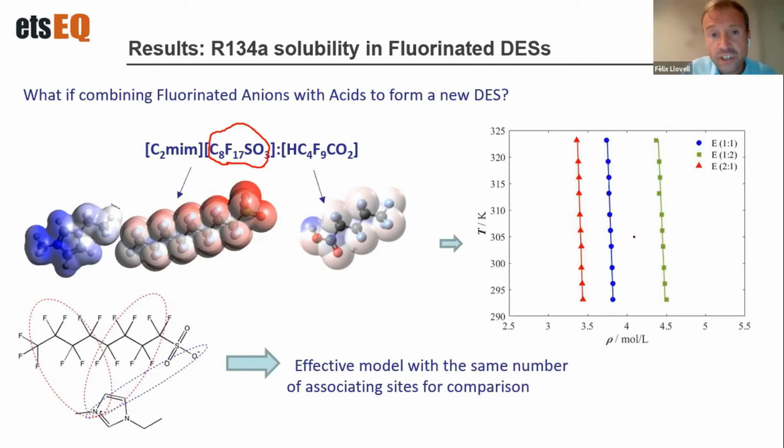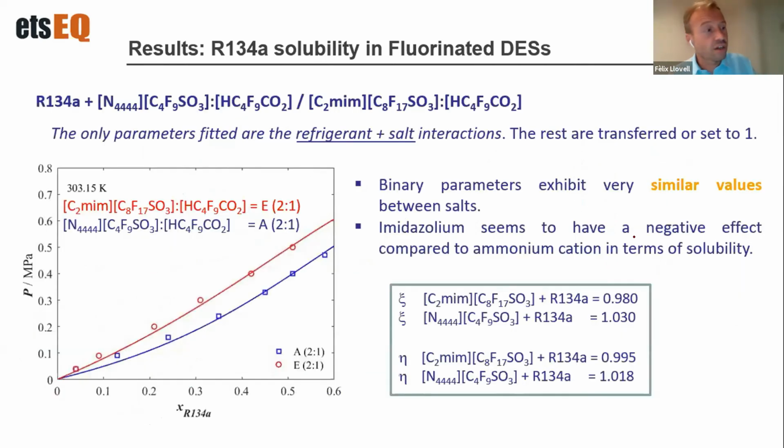And then moving towards the comparison, we can see that our new deep eutectic solvent is slightly worse than our previous deep eutectic solvent. Let's call them A and E to make things easier. The most important thing is that the differences are not very big, so maybe both of them can be used.